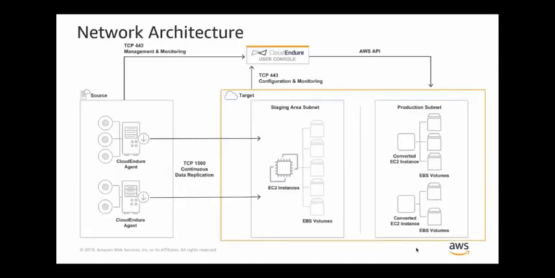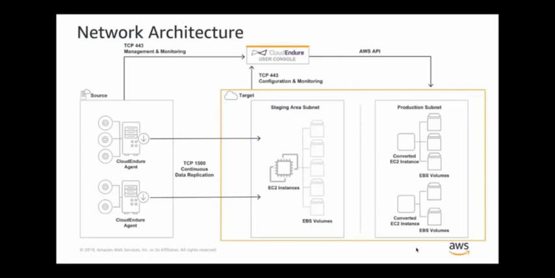From a network architecture, CloudEndure utilizes a flat architecture with minimal network requirements. Outbound HTTPS port 443 is used for all command and control to the console. This includes from the agent and the replication instances within that staging area. Web proxies are also supported if you are utilizing those.